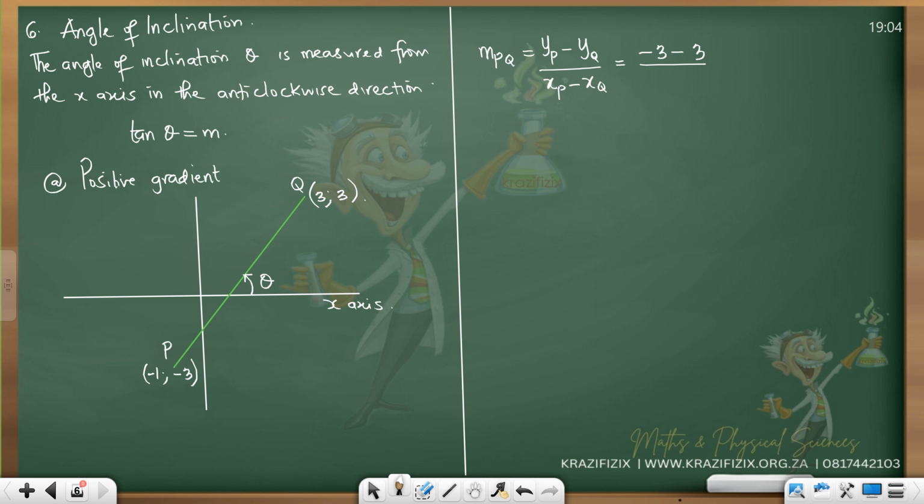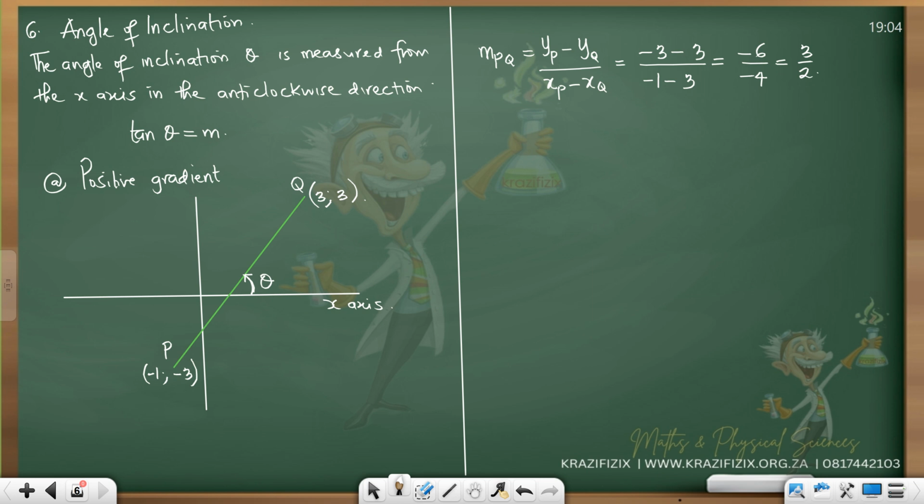X value of P? -1. And the X value of Q? 3. Positive answer. We need to keep that expectation. 3 minus -3 over 3 minus -1 would be 6 over 4. And our answer would be what? 3 over 2.